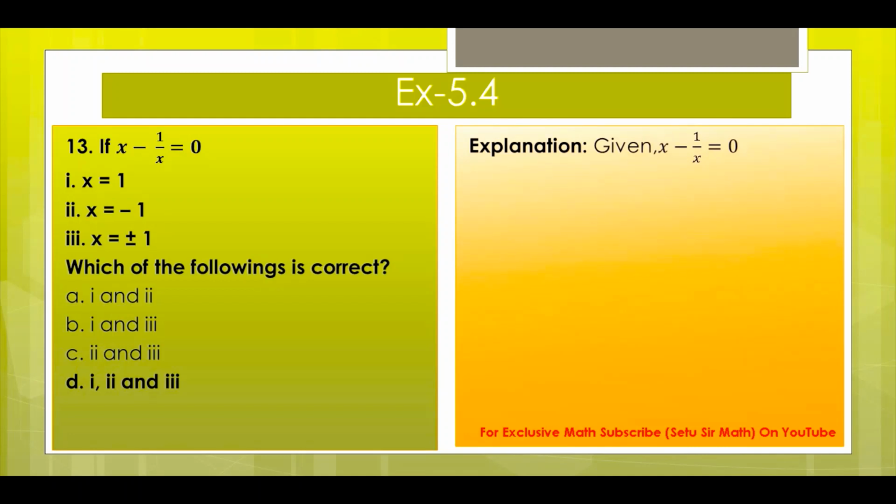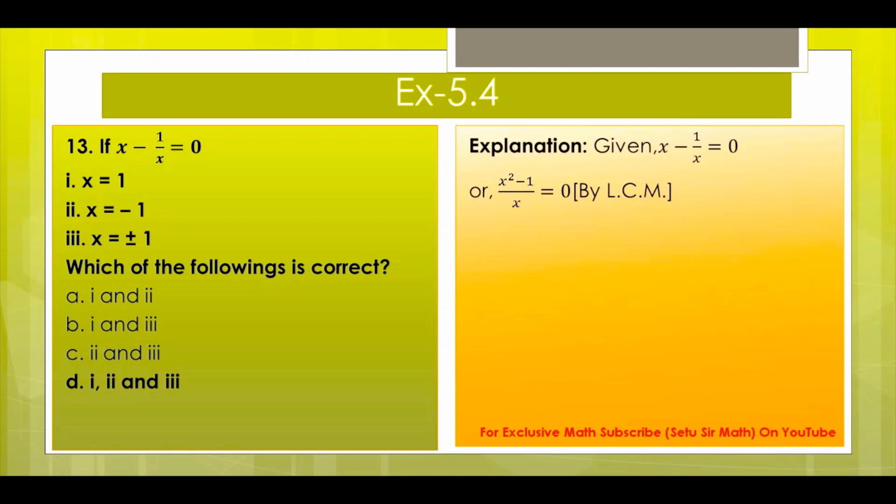Given x minus 1 by x equals to 0. At first, we have to do the left side LCM. In here, the denominator of this 1 is 1, so we have to find out the LCM of 1 and x. So the LCM is x.